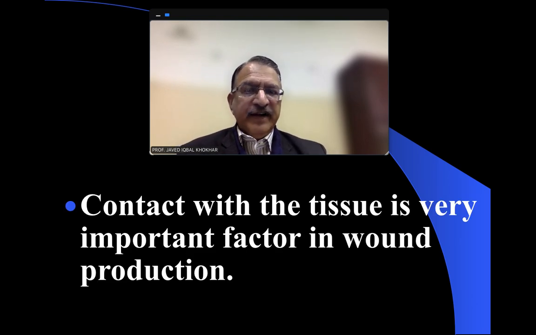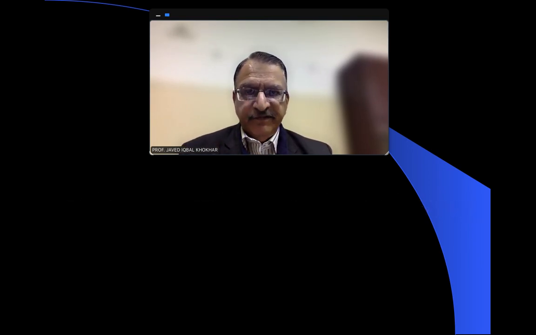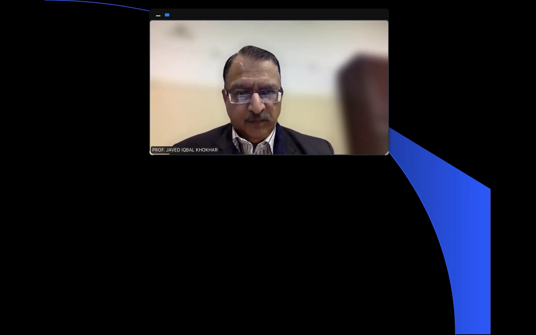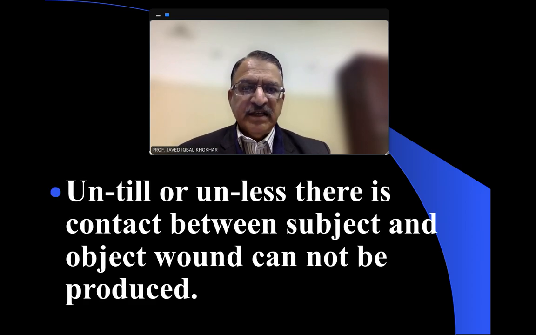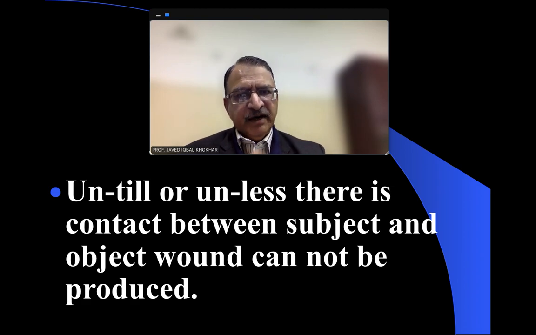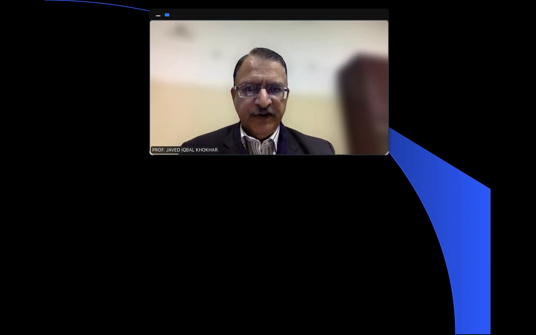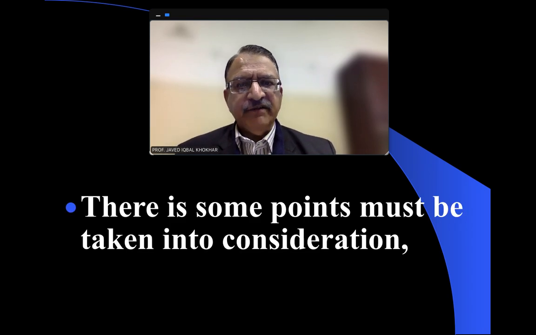The contact with the tissue is a very important factor in wound production because every tissue, every body component, has different characteristics. Unless there is contact between the subject and the object on the body, the wound cannot be produced. So contact means the area of contact where the wound is produced.